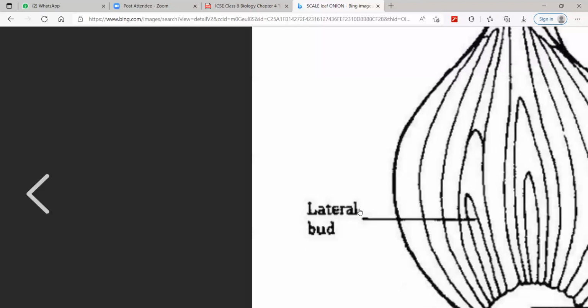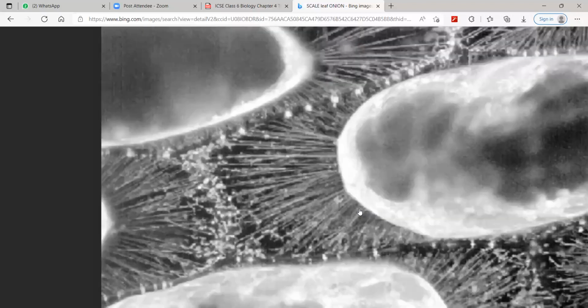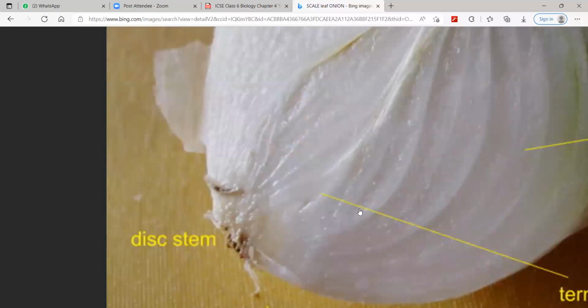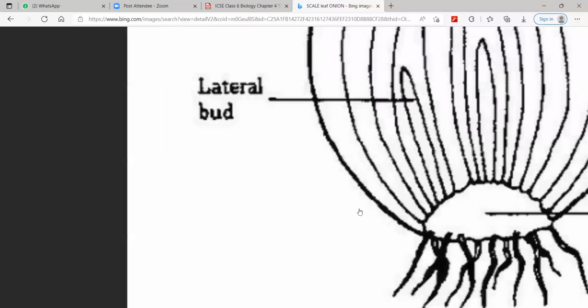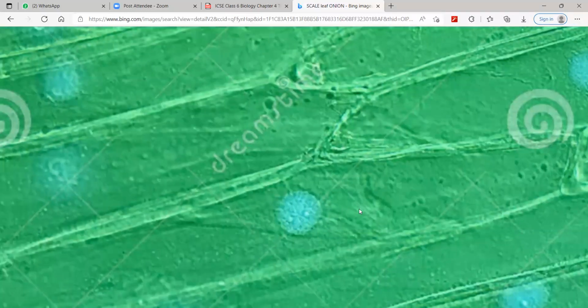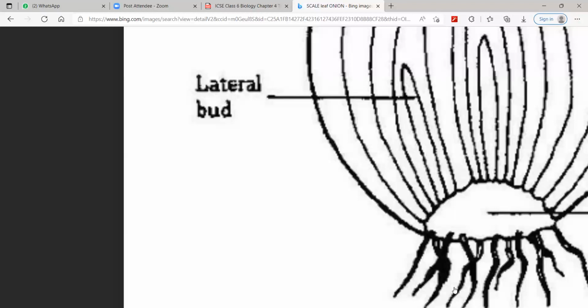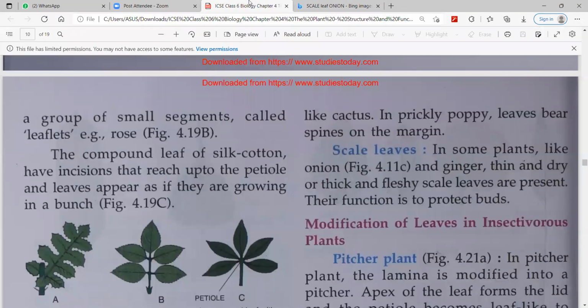This is the stem, and these are roots, and that pink structure of the onion is known as scale leaves. They are usually used to protect buds or for storage of food.